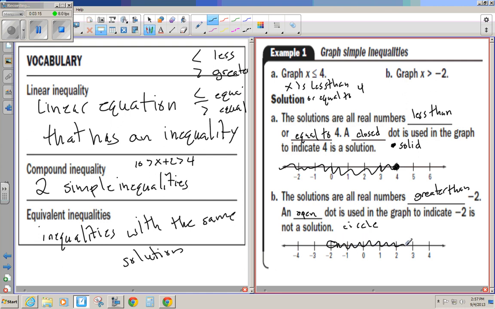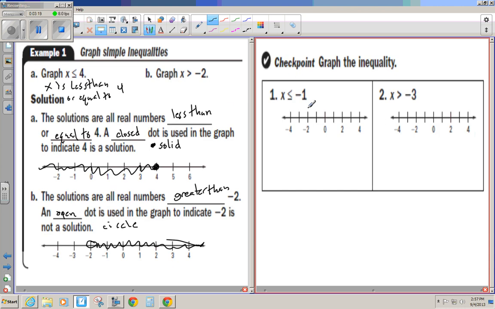And since we're greater than, we do all the numbers greater than it. Check this one out. x is less than or equal to negative 1. And we have a solid dot. So negative 1, solid dot, less than.